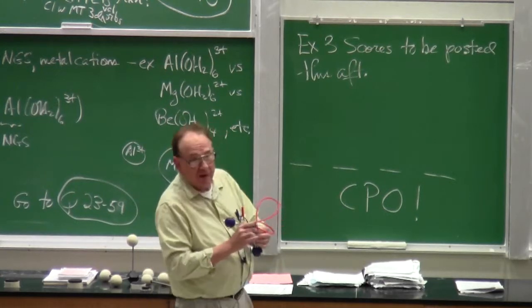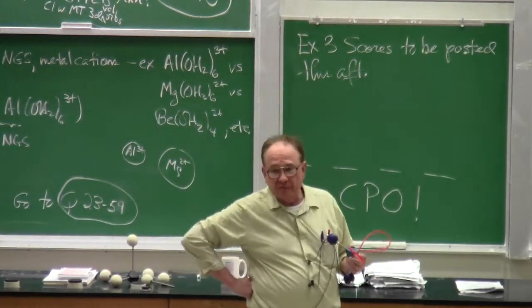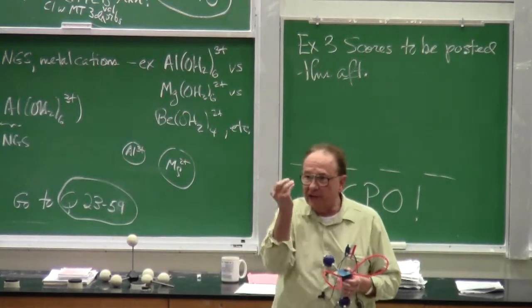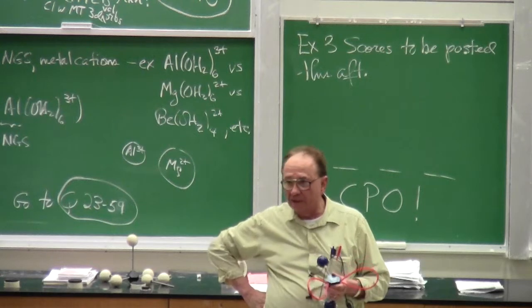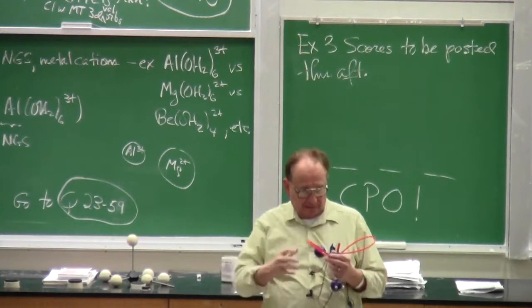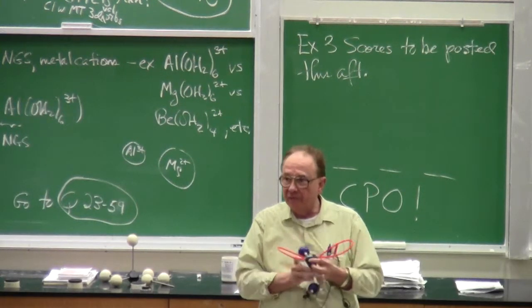So, non-bonding pair on water molecule converts to a bonding pair and becomes the chemical glue which holds the water molecule as a hydrated species onto the surface of the aluminum ion.